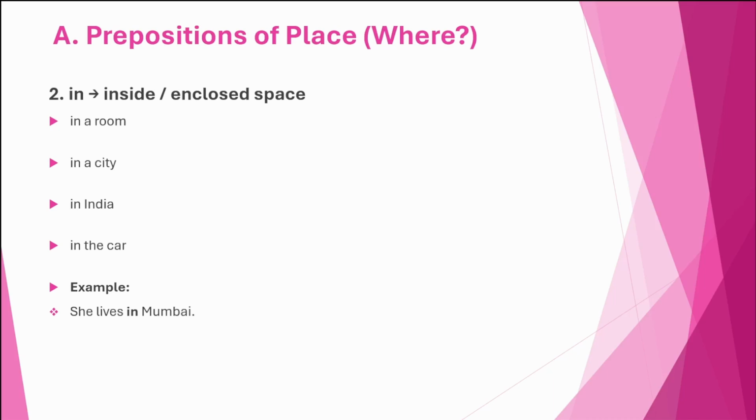To use this properly, you can take an idea from the examples here. For example, she lives in Mumbai. Another example is, the keys are in the drawer. That is, the preposition in here is showing the place of the keys, which is inside the drawer.